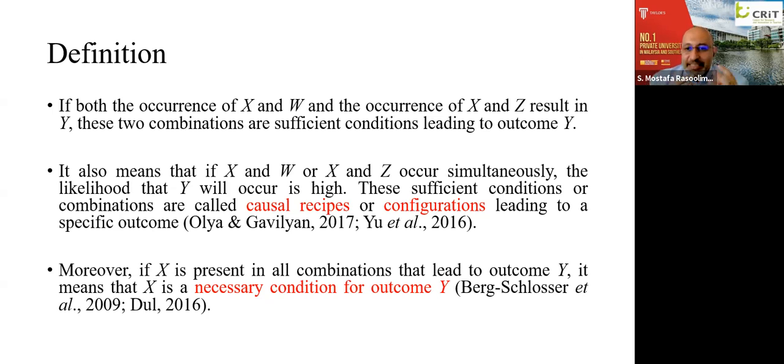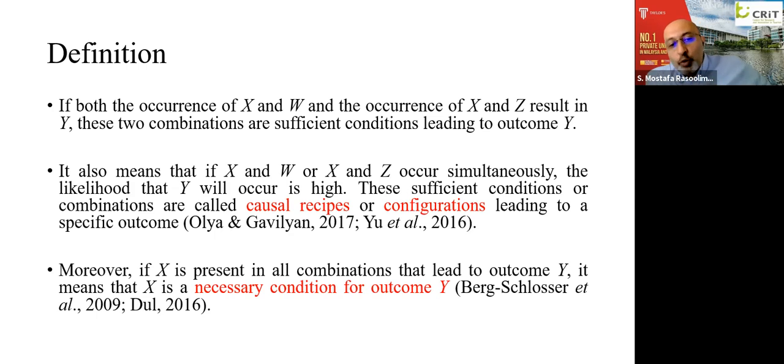This combination of predictors that can generate a high level of outcome is called a causal recipe, a configuration, or a causal combination of factors that create a high level of outcome.